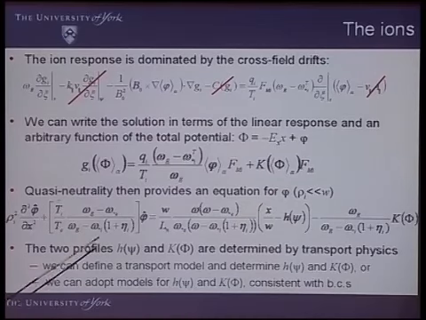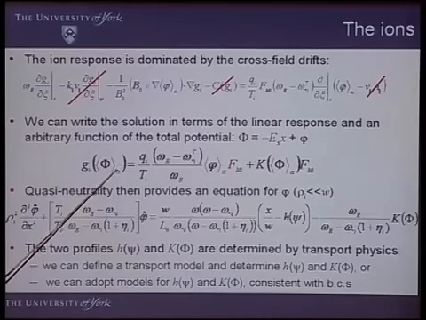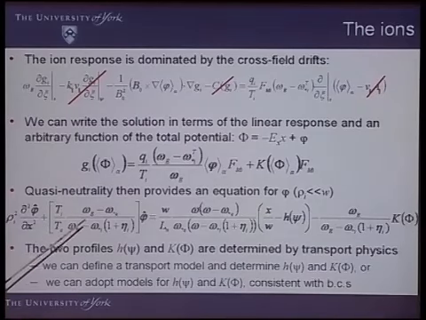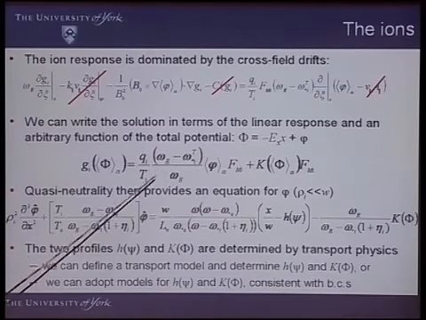If we impose quasi-neutrality, so we take this for the ions, add the adiabatic piece, integrate over velocity space to get the ion density response, equate it to the electron density response from the previous slide, and just for the moment I'm going to expand the Bessel functions associated with the Larmor radius, with the finite Larmor radius effects.